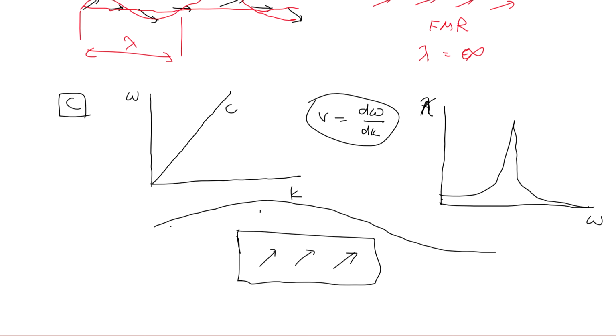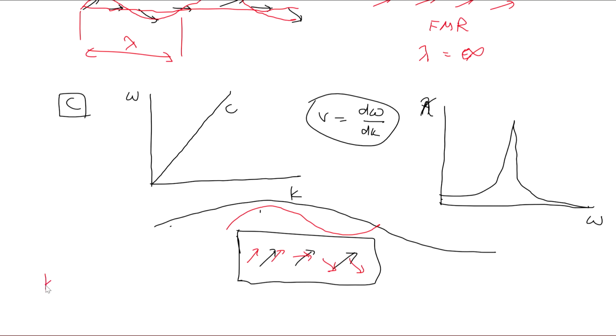Now imagine that your wave fits within the material. Magnetic moments tilt this way and then down. So first of all, you are decreasing the wavelength.